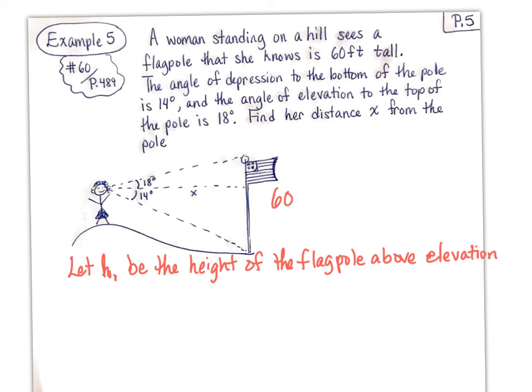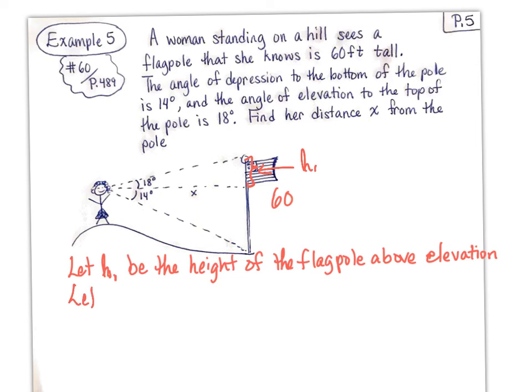The angle of elevation is 18 degrees. So what is H1 on the diagram? You can label it. Where would you label it? The main part of the flag? This part here. Good. That's H1.